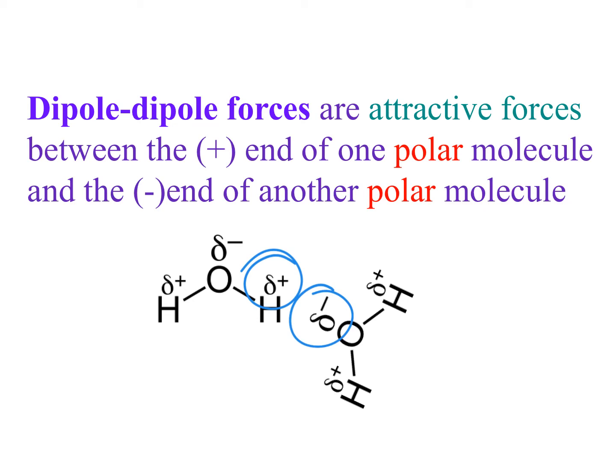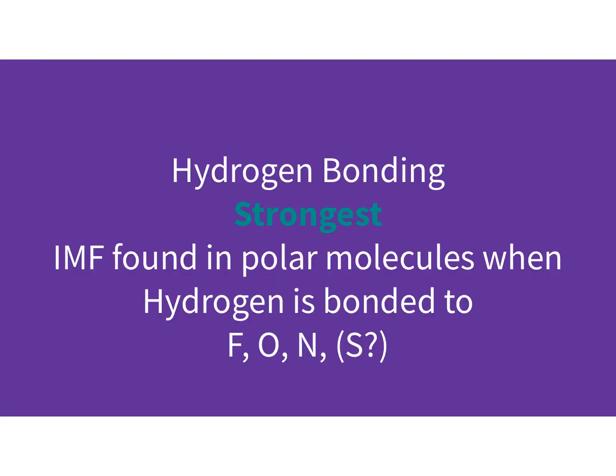You can think of this if you're visualizing liquid water, and those molecules are kind of holding on to each other no matter where the water is going. They hold on to each other in little droplets. Lastly, we have something called hydrogen bonding, which is the strongest IMF found in polar molecules. This is when hydrogen is bonded to any of these molecules.